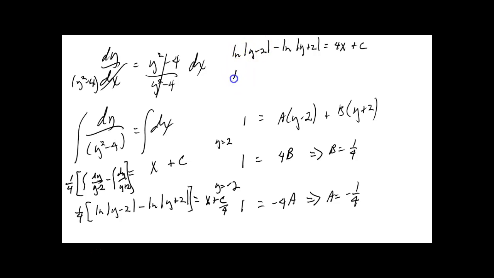Subtracting logs becomes a division. So this will be the natural log of y minus 2 over y plus 2. Now, at some point here, I think we can drop the absolute value bars, but I haven't ever quite figured out what makes that legitimate yet, but we'll figure it out. And this is equal to 4x plus c.